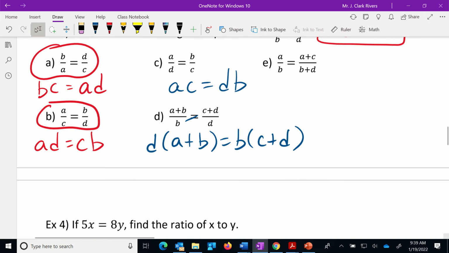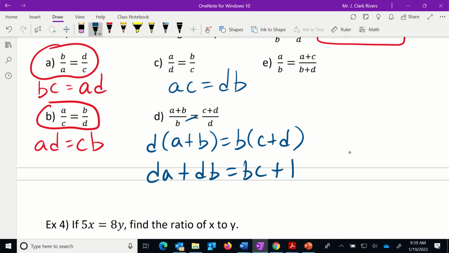Okay, so we distribute the D and we get dA plus dB equals dC plus BD. So we're looking at this. At first it looks like no, but notice on the left side we have dB. On the right side we have BD. These are the same thing.